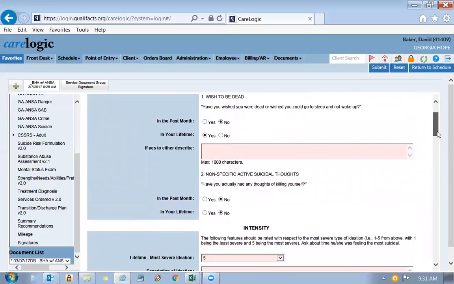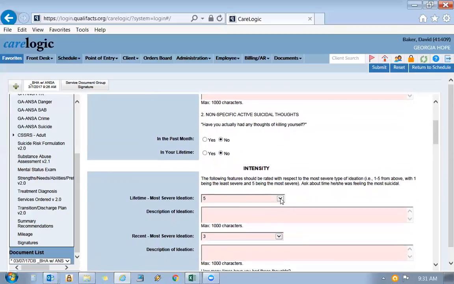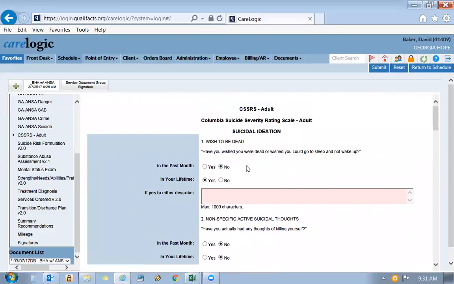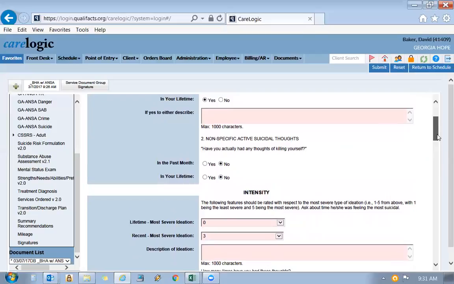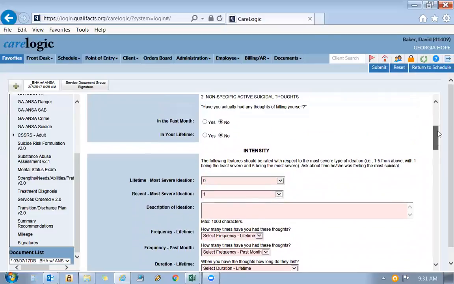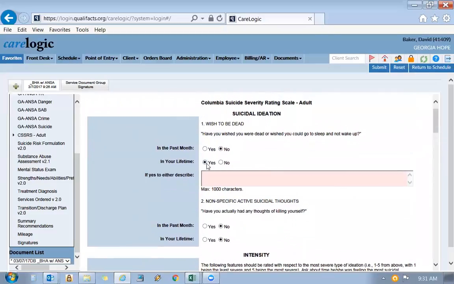Then down here most recent severe ideation is going to be 0, because up here you didn't answer yes for any of these questions in the past month, and in your lifetime most severe ideation is going to be number 1, because up here in your lifetime the highest numbered question answered yes was number 1.